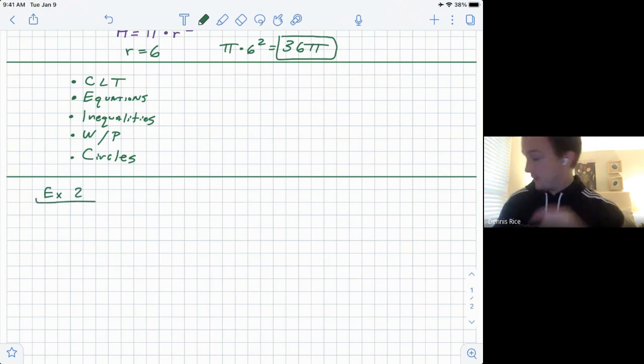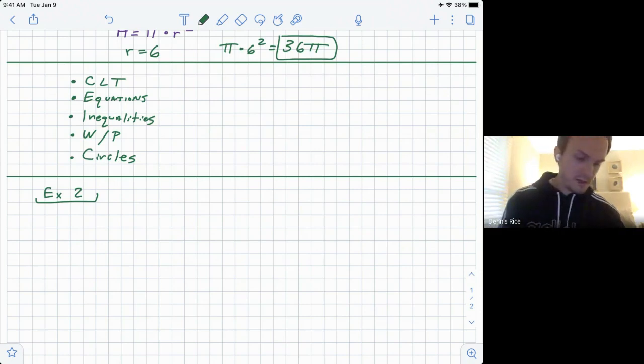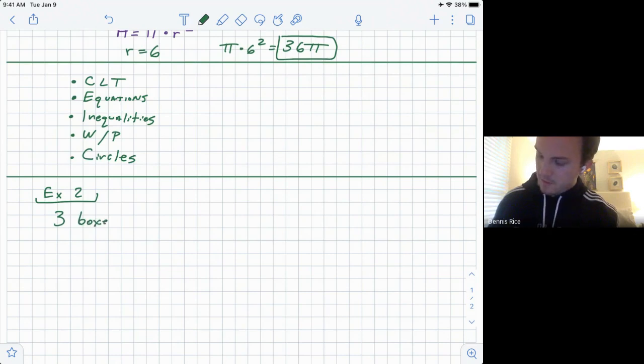So, let's say we buy 3 boxes of cereal. Tough to just like writing down the bullet points from the word problem. 3 boxes of cereal that are $4.99 each, and we buy 5 bottles of soda.